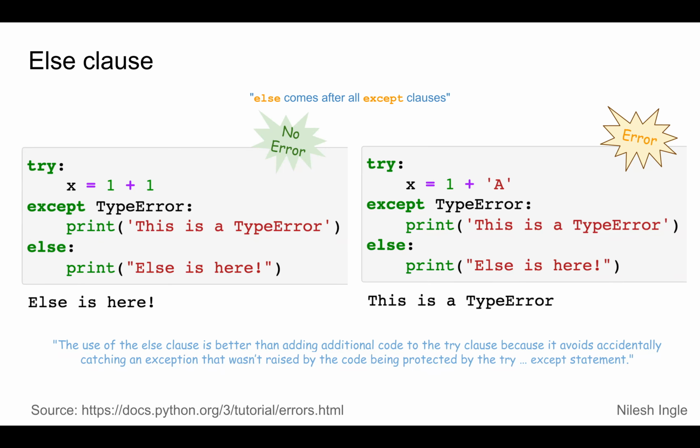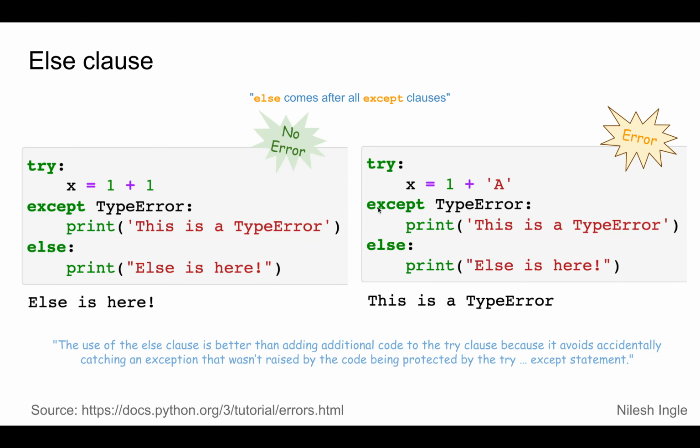However, if there is an error in the try block, as we see on the right hand side now, we have the try that says x is equal to 1 plus a. In this case, we cannot add the integer to a string, and so that will raise an error, which is the type error.